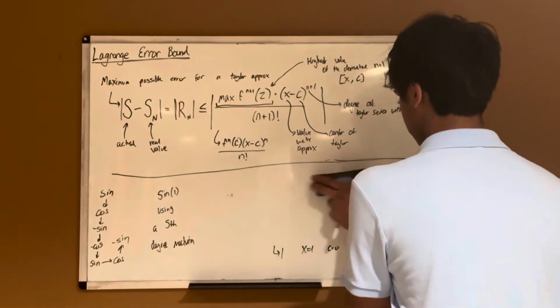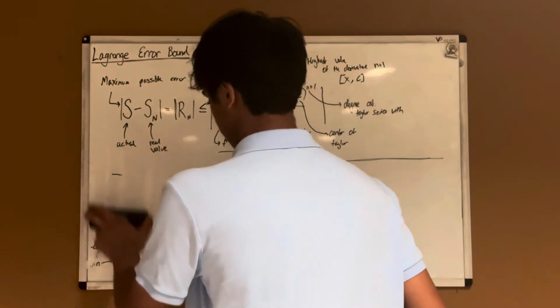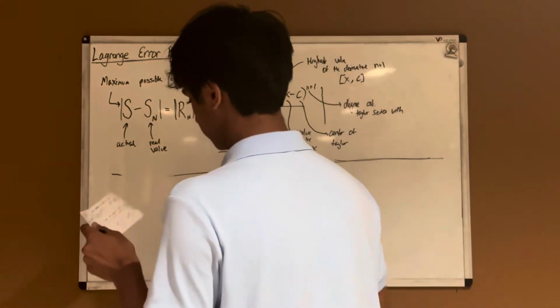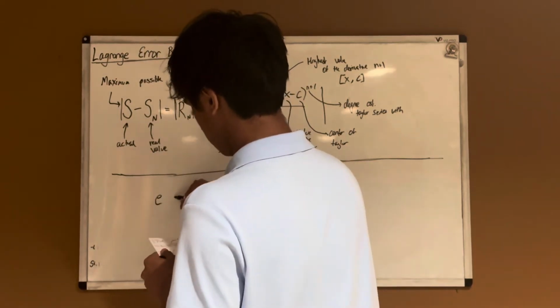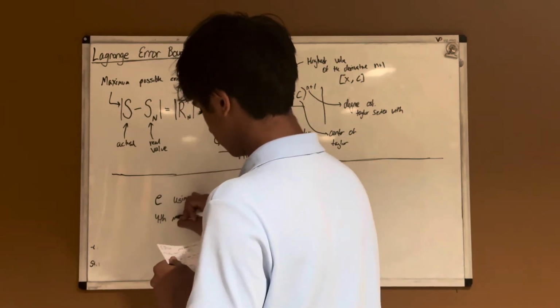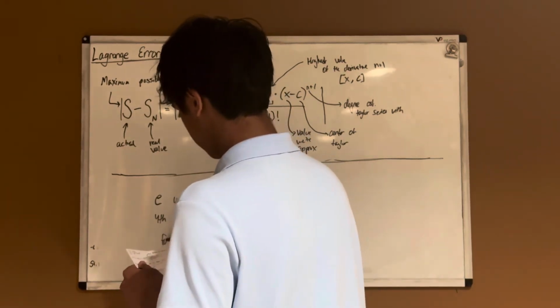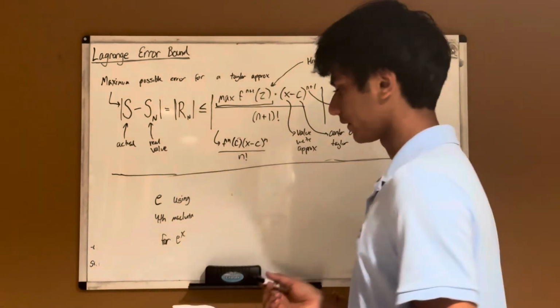Let's say we're trying to find the max error in approximating e using the fourth Maclaurin series for e to the x. Let's do the same thing and identify what we know.